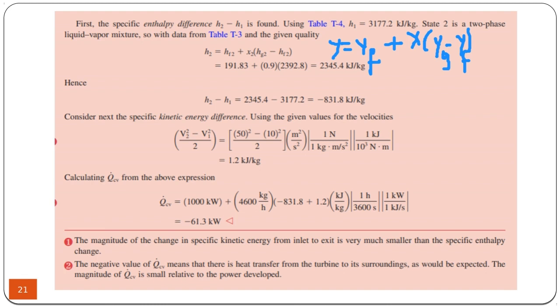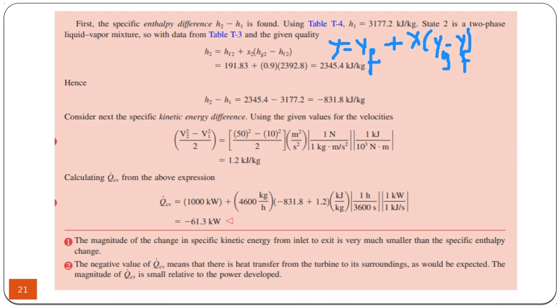minus 831. Why minus? Because as the steam expands from a high velocity to low velocity, or high enthalpy to low enthalpy, its enthalpy is decreased because it's converted to work. At the same time, there is a reduction in kinetic energy, and this reduction of kinetic energy is just 1.2 kilojoules per kilogram.